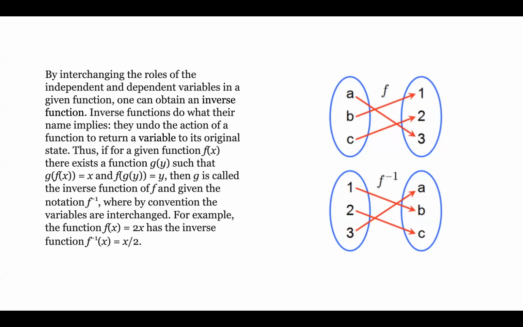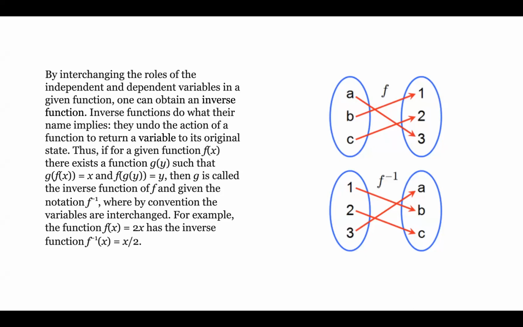on one side we are doing subtraction, on another side we will do addition to get the original result. Okay, same here, written like they undo the action of a function to return a variable to its original state. Okay.